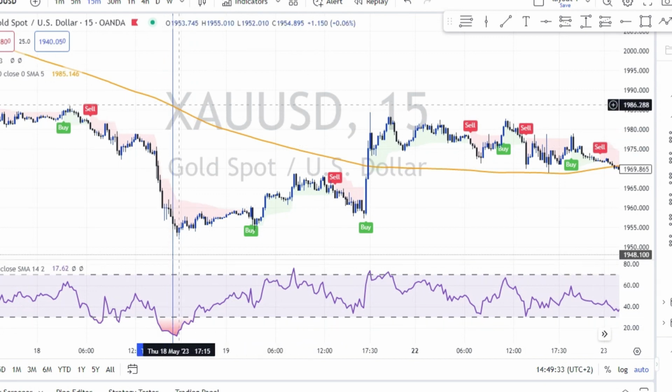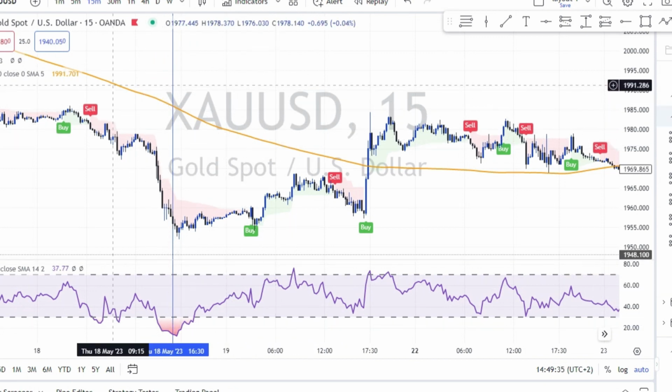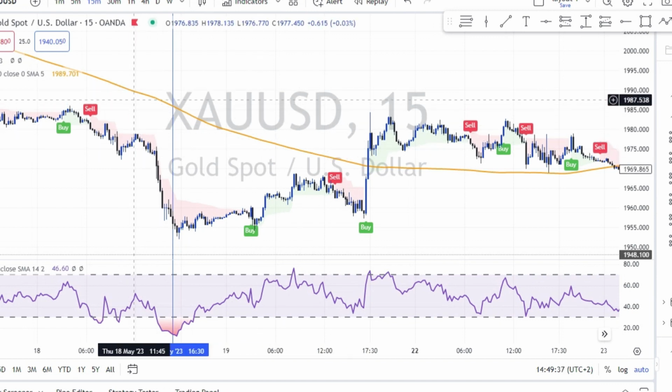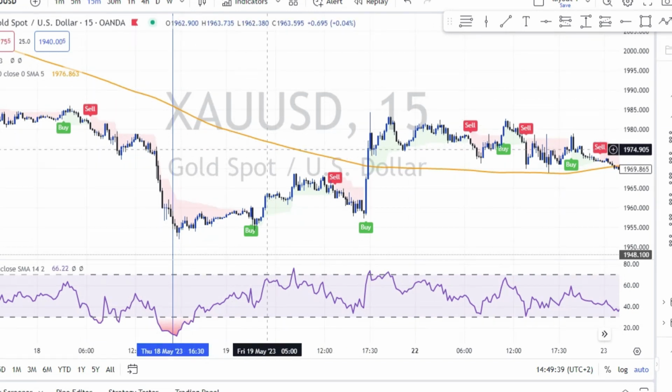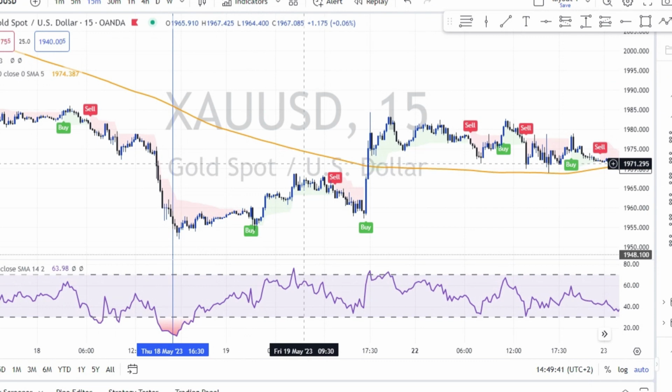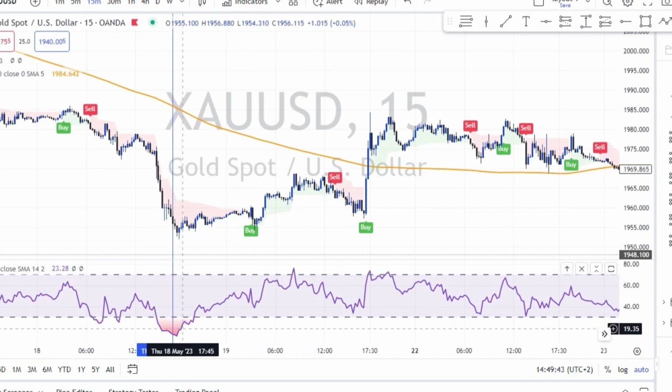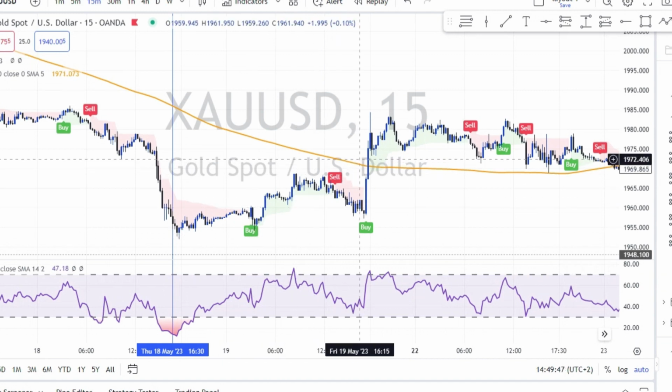And what the MA is giving us is a long trend, right? So this MA was downwards, which means the trend was downwards, right? Now we have an oversold situation, which means we are looking to move towards the MA because now there's going to be a change of momentum.